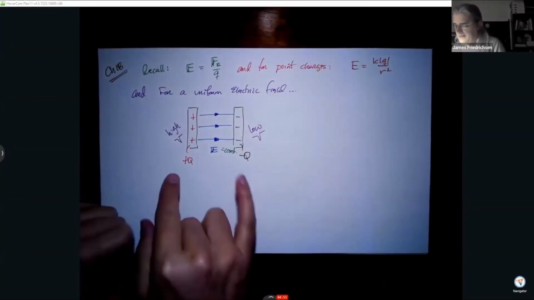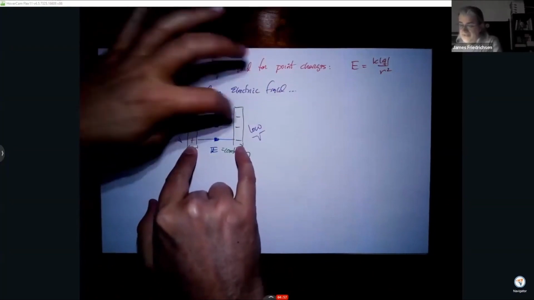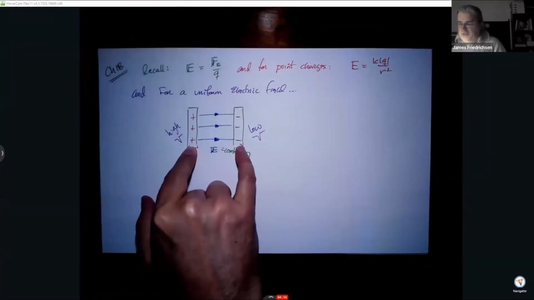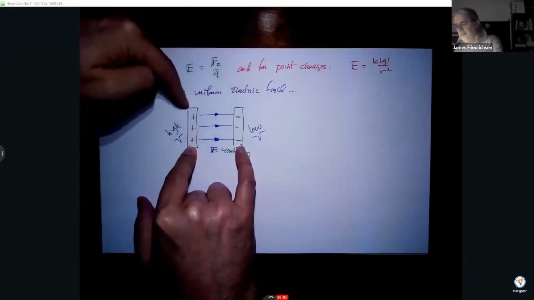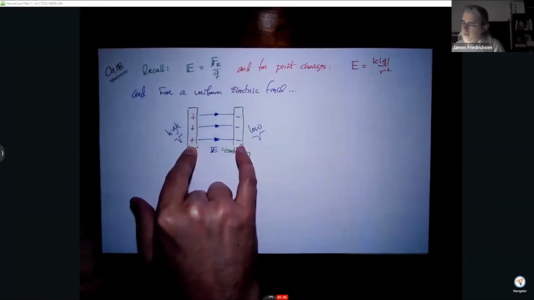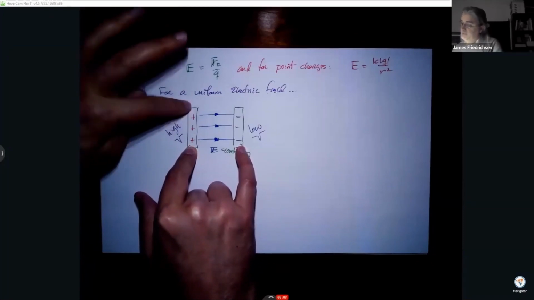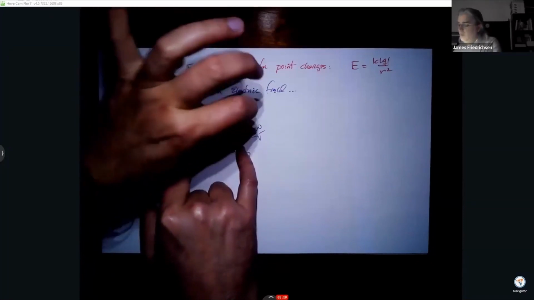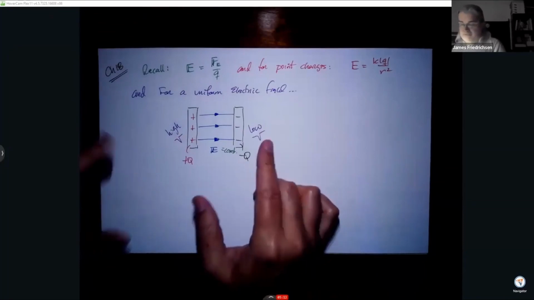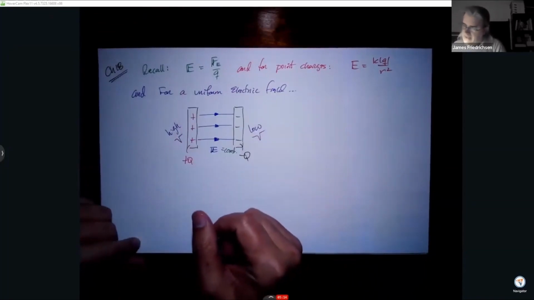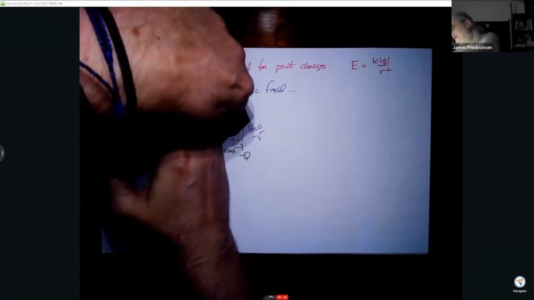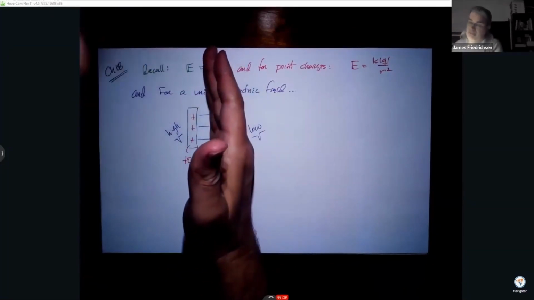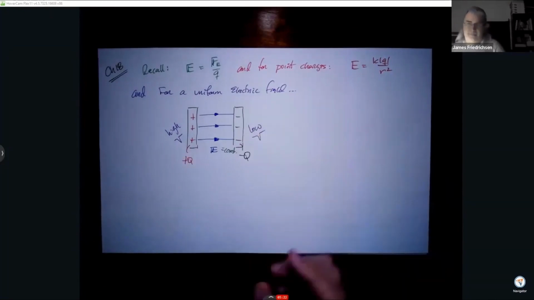Let me reiterate that if there's 12 volts of potential difference between the two plates, you could have the negative plate be 0, and then the positive plate will be plus 12 volts. However, you could have the positive plate be 0, in which case the negative plate would be minus 12 volts. Again, 12 volts of difference. This one's low, this one's high. We could maybe take the 0 to be in the middle, and therefore the negative would be minus 6, and the positive plate would be positive 6 volts, and again, 12 volts potential difference.